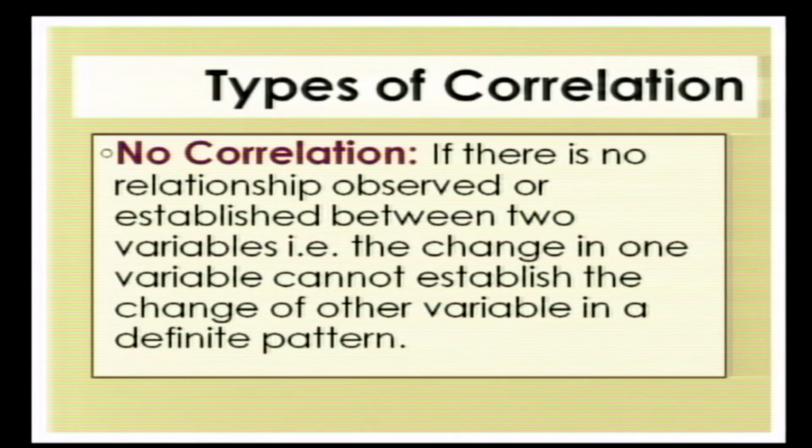If there is no relationship observed or established between two variables, that is, the change in one variable cannot establish the change of the other variable in a definite, defined, observable pattern, then we call it no correlation. No correlation means the variables under study are not correlated to each other.